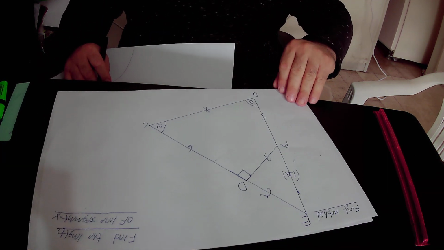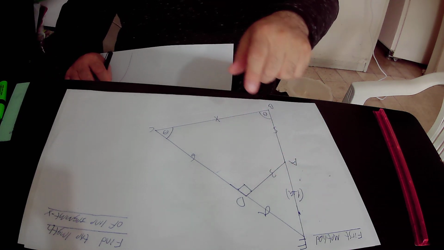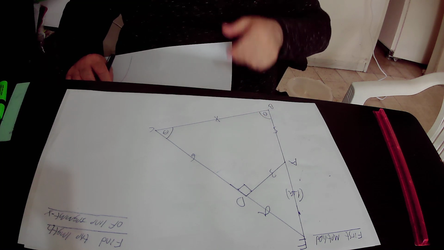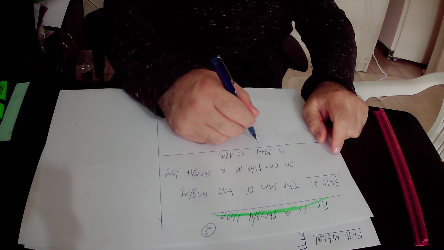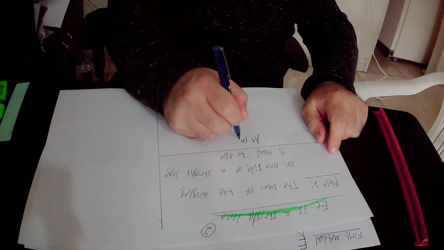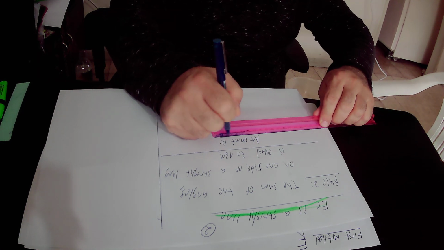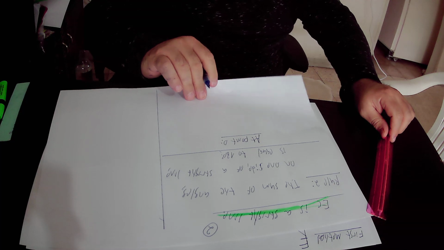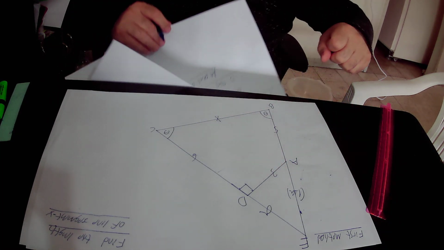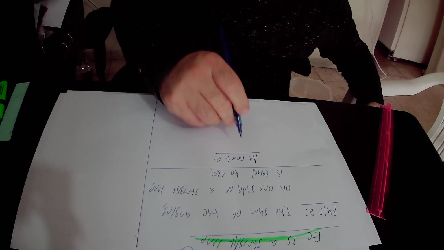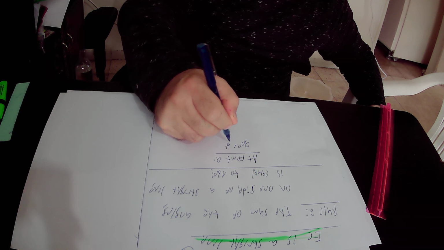Okay, so if you focus on this side of the straight line EC at point D, then the sum of the angles here must be equal to 180 degrees. So which angles do we have at point D? We have here 90 degrees and we have angle ADE. So 90 degrees plus angle ADE.